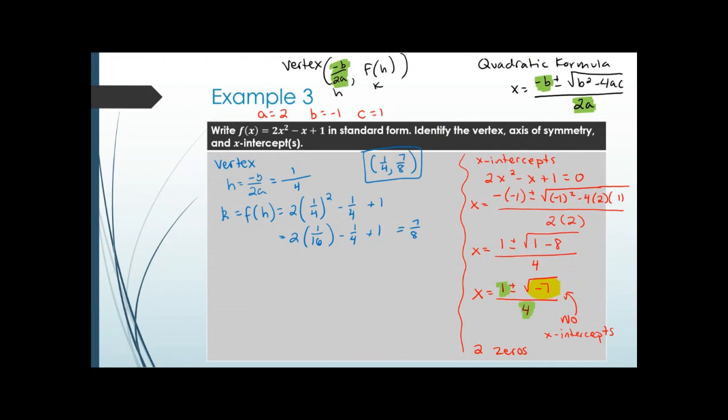And now that we have the vertex, that means we have everything we need to put it in vertex form. So vertex form is f of x equals, you start with your a value, 2, and then in parentheses, x minus your h value squared plus your k value.